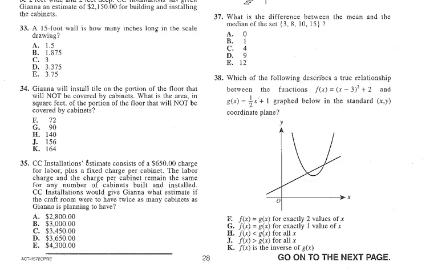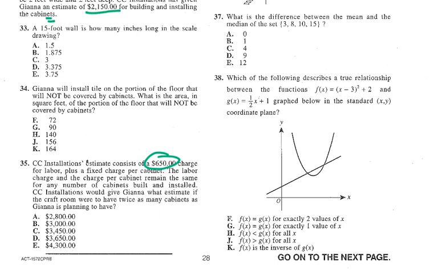For question 35, first of all, we need to figure out how much will be charged for each cabinet. According to the information, Diana was given an estimate of $2,150 for building and installing the cabinets. We already know the labor charge will be $650.